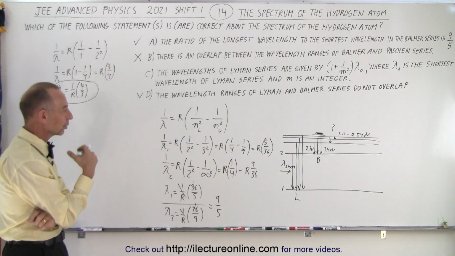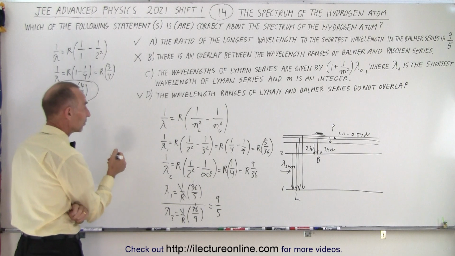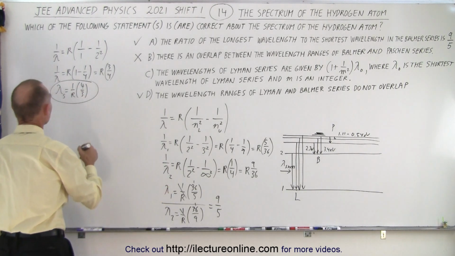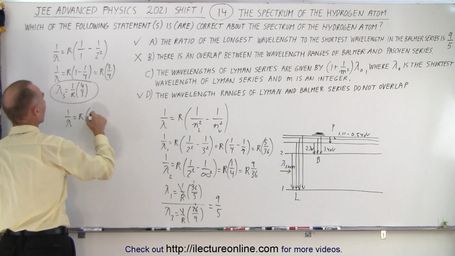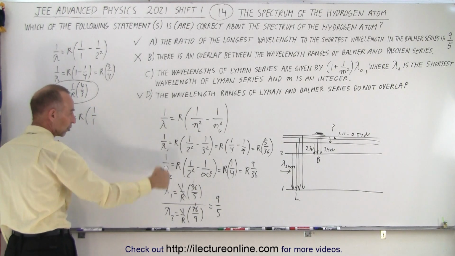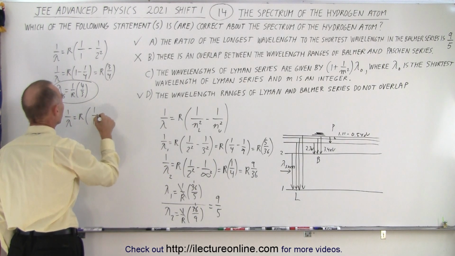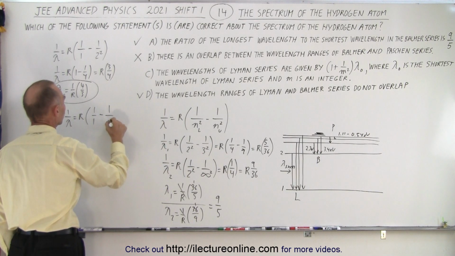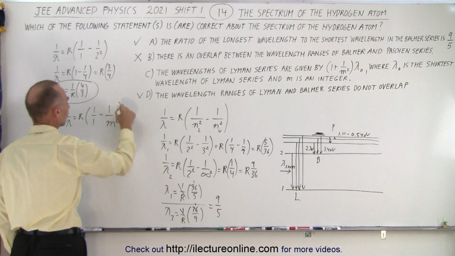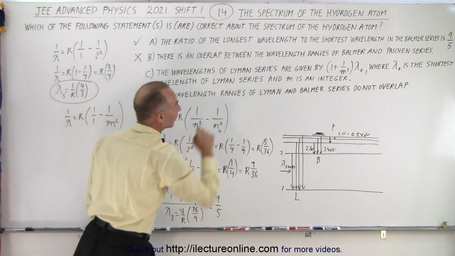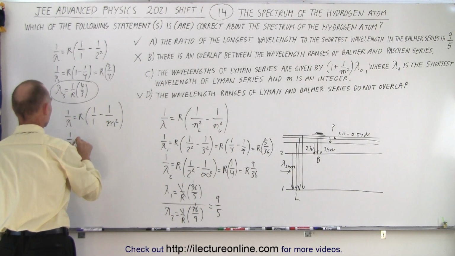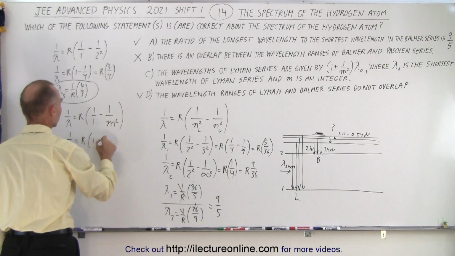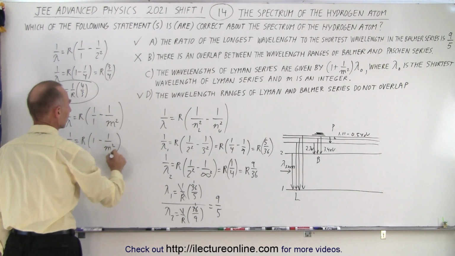Now, how about all the other wavelengths? Well, all the other wavelengths are going to be 1 over lambda is equal to R times, again, 1 over 1, because we're going to jump down to the lowest energy level, minus 1 over n squared, or in this case, let's make it m squared, because they use the letter m in our answer. And so we get 1 over lambda is equal to R times 1 minus 1 over m squared.